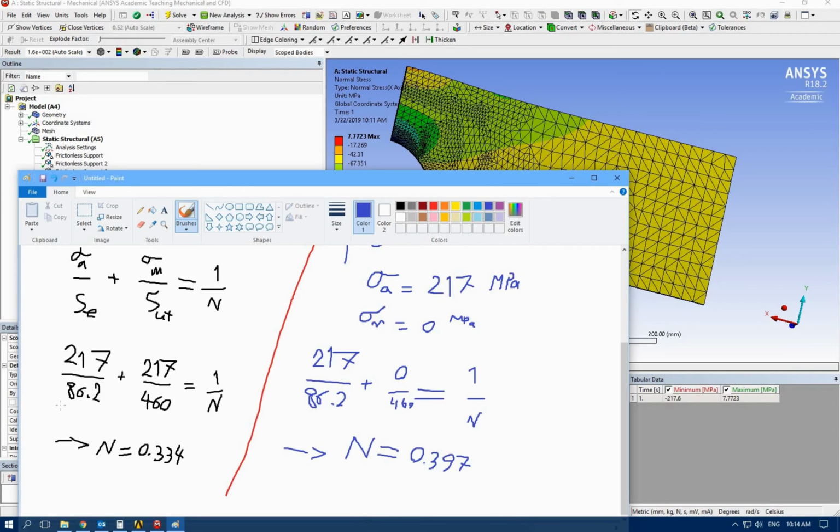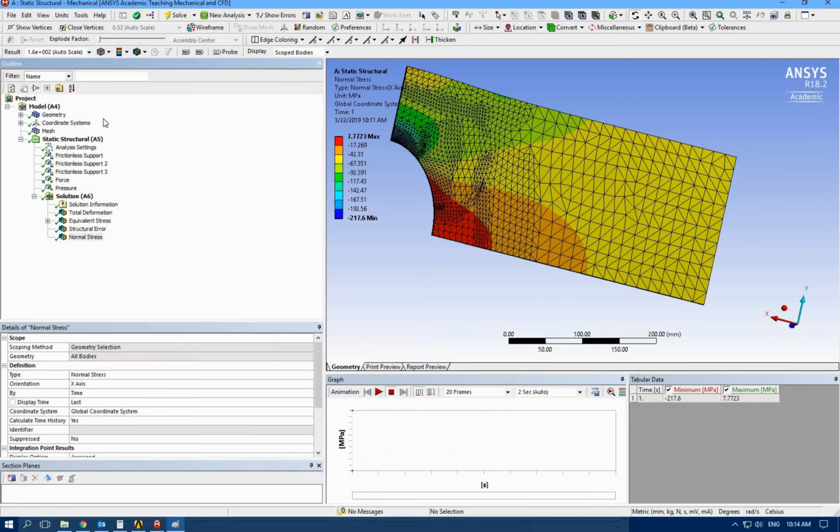Okay, now we are going to calculate using ANSYS, because ANSYS can do it much easier than this hand calculation, and for all points. This hand calculation was just for 1 point. Let's go for case 1.